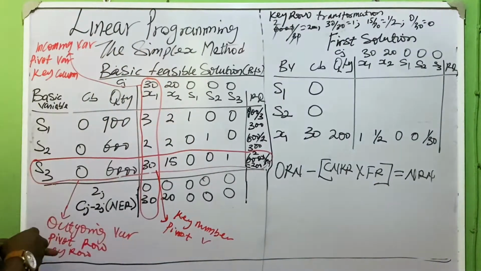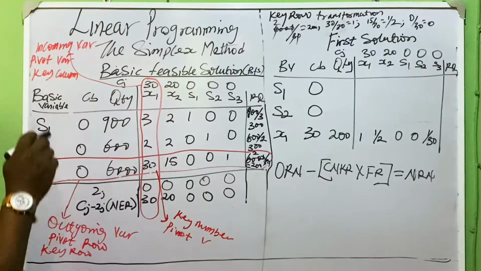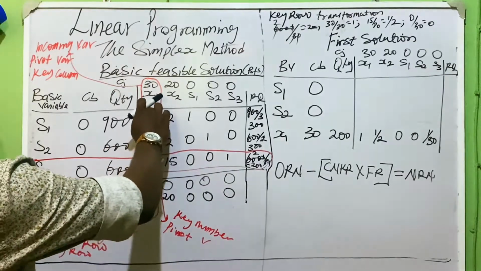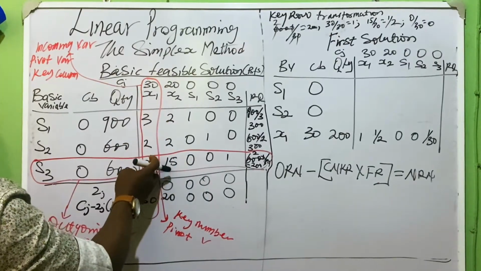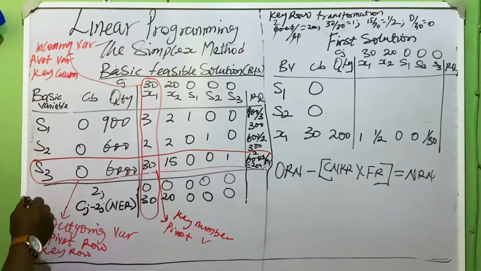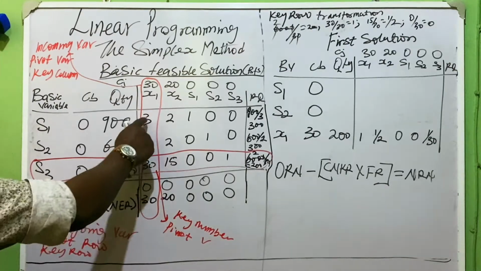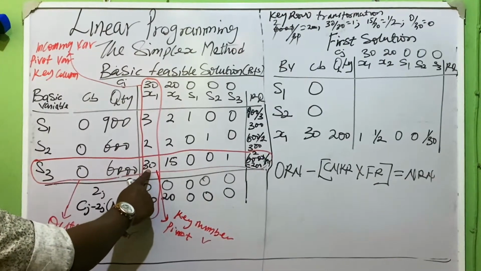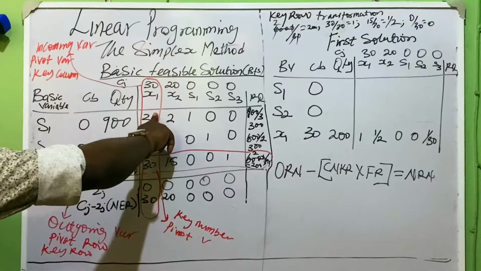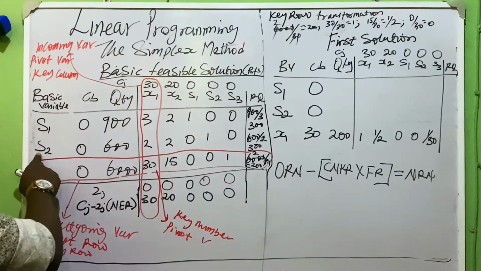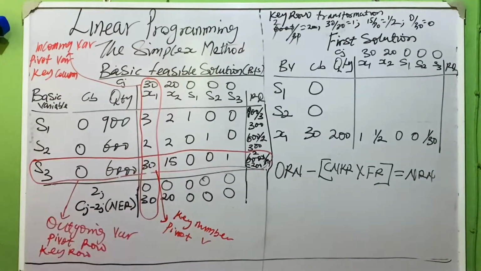For any non-key row that is to be transformed, the fixed ratio is determined by the corresponding value in the key row divided by the key number, such that if we want to transform S1, the fixed ratio will be 3 divided by 30, because the row we are transforming is S1 and the value corresponding to it is 3. Then if we want to transform S2, the fixed ratio will be 2 divided by 30. That is the ratio of exchange.